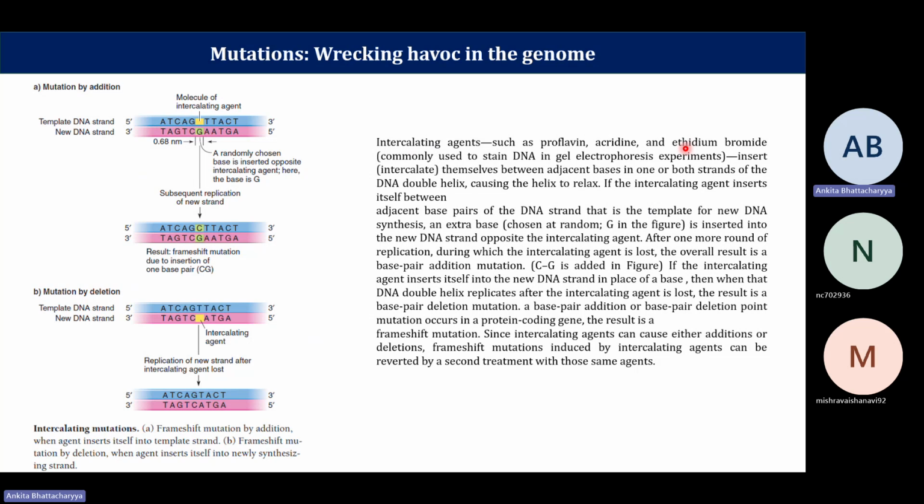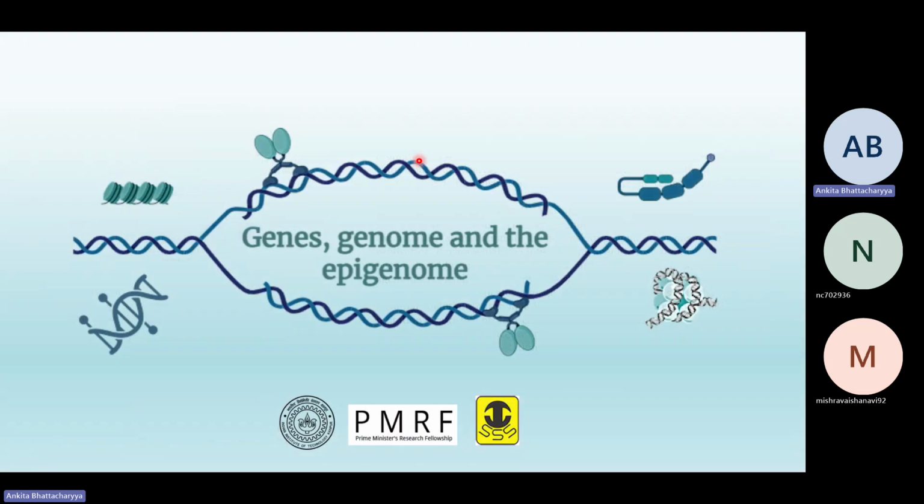When replication occurs, that region doesn't actually have a base, so any random base can get inserted at the time of replication, and that is going to create errors, and that error will persist and eventually form a mutation.